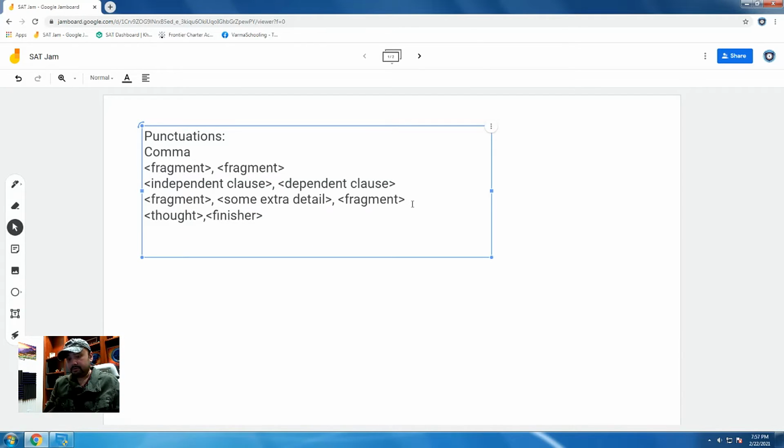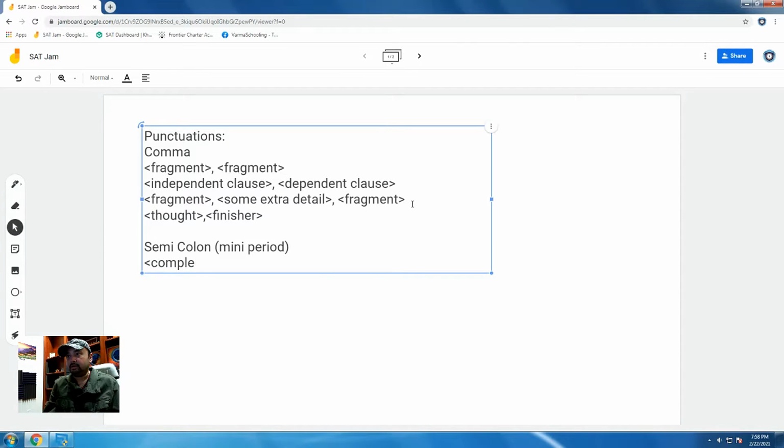So now the other thing is semicolon. Semicolons can get tricky. They're actually almost like a mini period. Okay, they are almost like that. Whatever is before a semicolon has to be a complete or an independent clause.